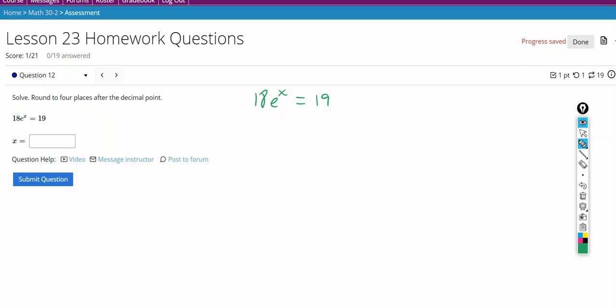Do you remember how this e, that e symbol, was Euler's number? And that number is 2.718, yada, yada, yada. It goes on and on forever, right? So this is kind of like a number like pi. It's an irrational number.